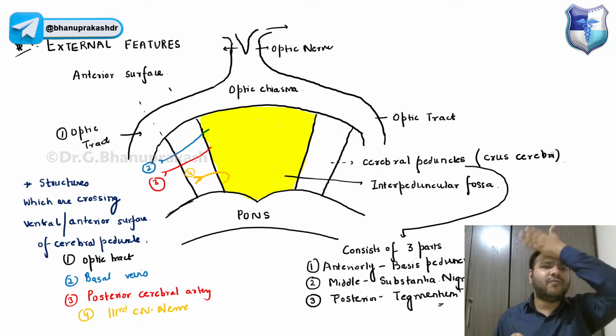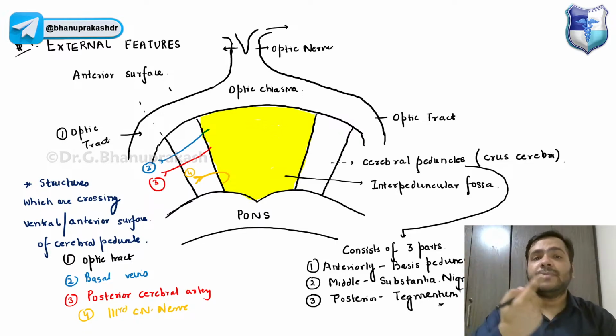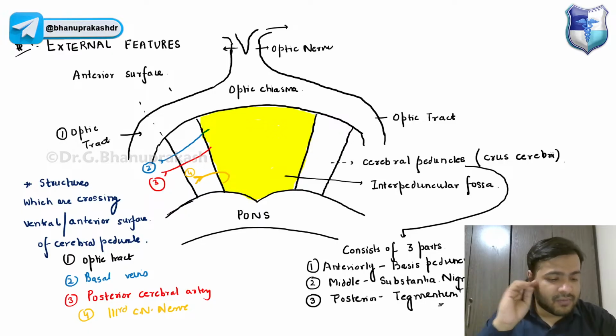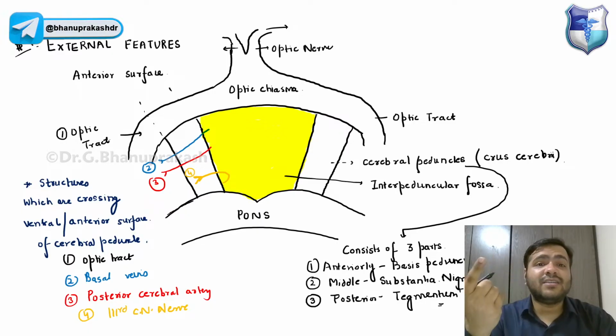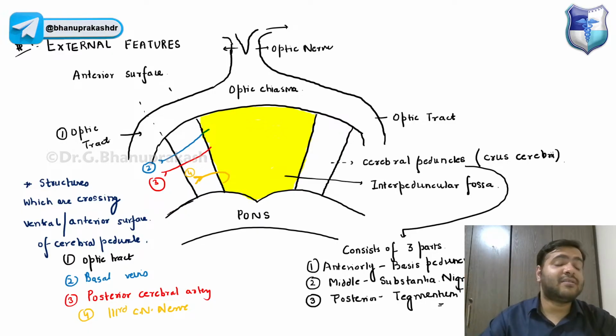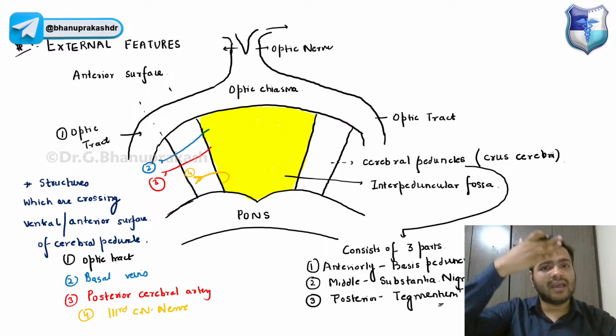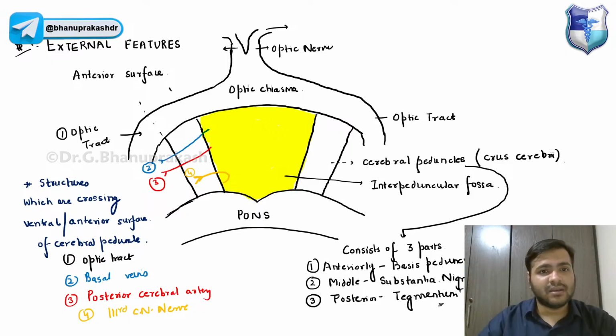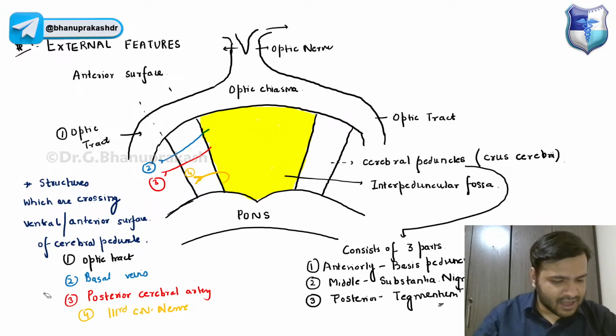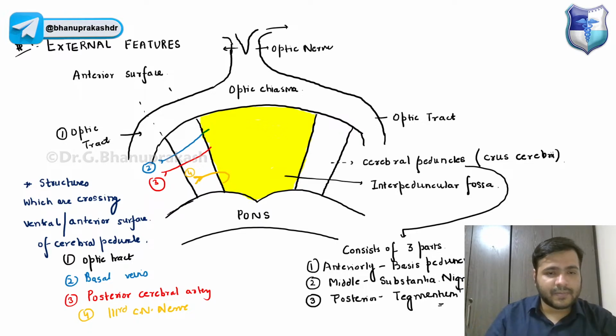And guys, one more nerve, it is coming from behind. Can anyone tell me in the chat box which is the cranial nerve which has a posterior origin or the dorsal origin? All the cranial nerves, okay, out of 12, 11 cranial nerves arise from the anterior part of the brain, but there is only one cranial nerve which arises from the posterior aspect, guys. Anyone in the chat box who would like to tell me which is the cranial nerve which arises from the posterior aspect?